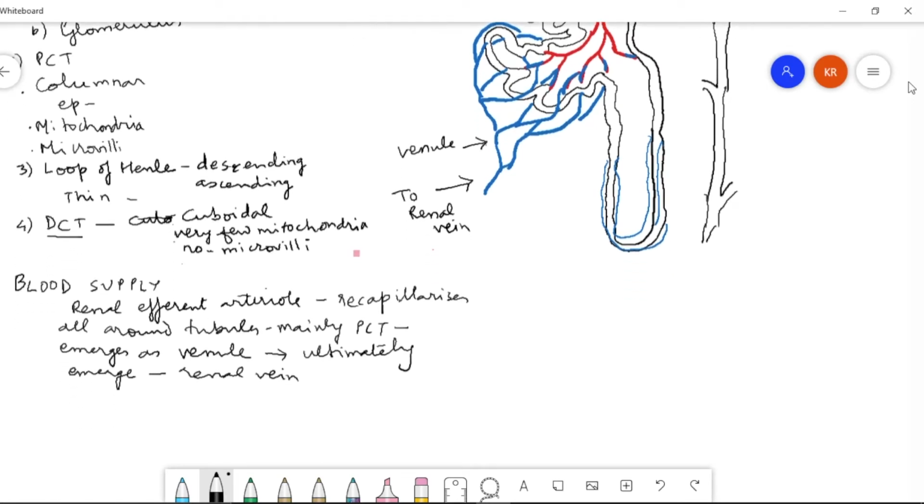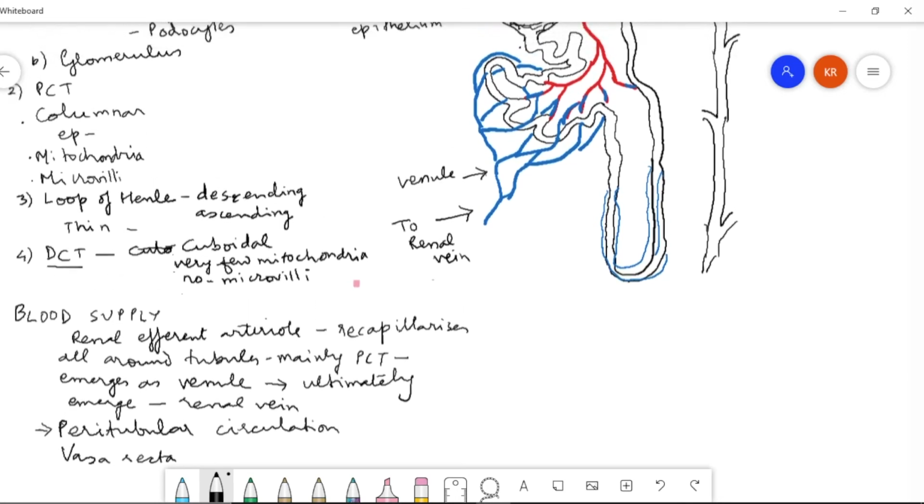And whatever we have described now is called peritubular circulation. If this is much deeper and if the nephron is very long, they are also referred to as vasa recta. Otherwise you can simply remember the term peritubular. Why peri? Peri means surrounding, and tubular because it is around the tubule.